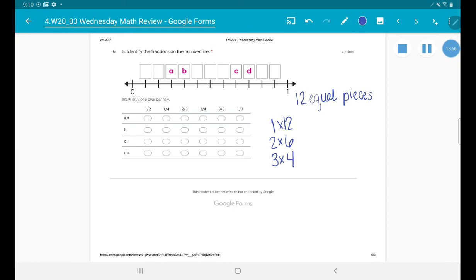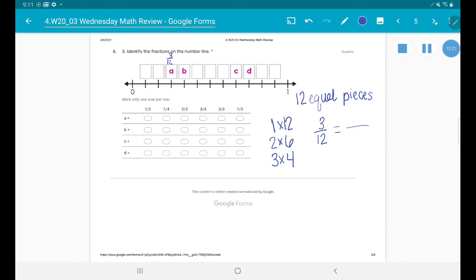So let's look at A. A is 3 twelfths. So I've got to figure out 3 twelfths is equal to which one of these options.